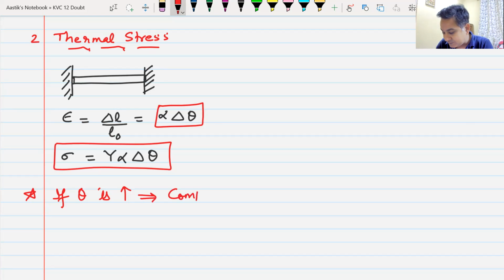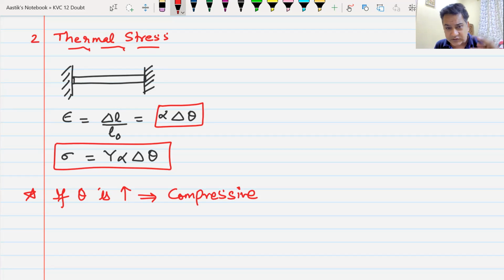It is the reverse of what you expect. Why is it compressive in nature? Because when the temperature is increased, this rod tries to expand, but it is not allowed to expand. So something is crushing it, something is compressing it. Therefore, the stress developed in the rod is compressive.